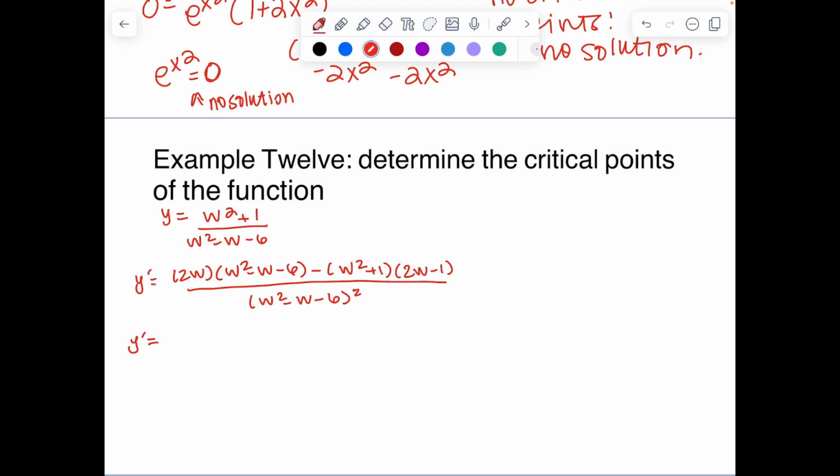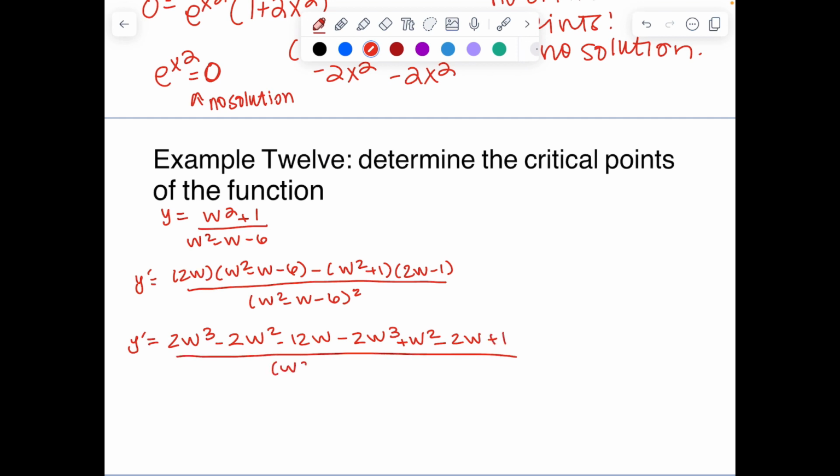So 2w times w squared minus w minus 6 is 2w cubed minus 2w squared minus 12w, minus 2w cubed plus w squared minus 2w plus 1, all over the denominator. I know this is terrible, but it's okay. You can do it. Okay.